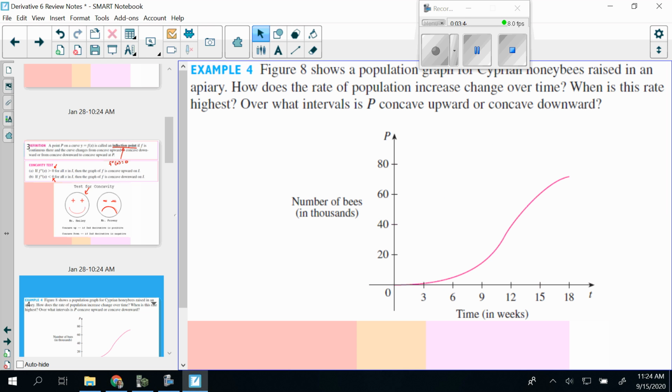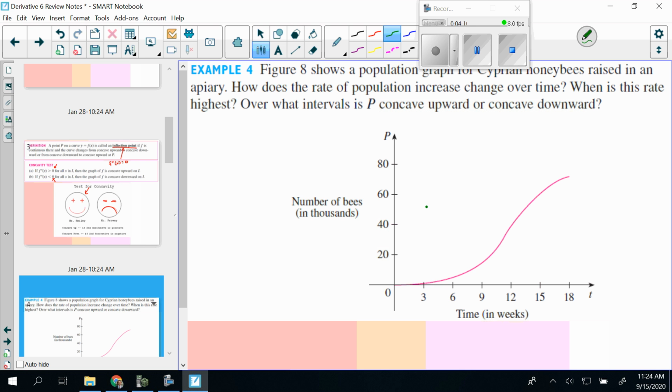Let's look at an example here. This shows the population of the Cyprian honeybees raised in an apiary. How does the rate of population increase over time? When is this rate the highest? Over what intervals is P concave up and concave down? Well, let's look here. I think we can come up with concave up and concave down.